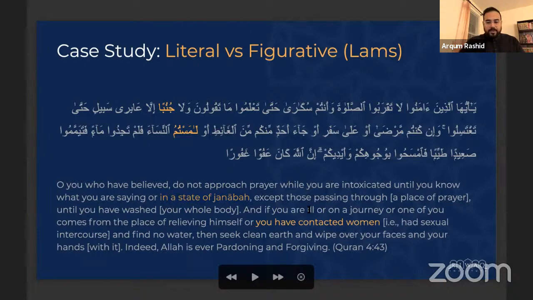So why is there a repetition then? Now in light of the full verse, the verse already addresses janaba, which happens after sexual intercourse, versus contacted women. Why would that be? This will be sexual intercourse and that will be sexual intercourse in the same verse. Why is there a repetition? In light of this new evidence, not new, but the rest of the ayah, any changes of opinion, that maybe this means something else?